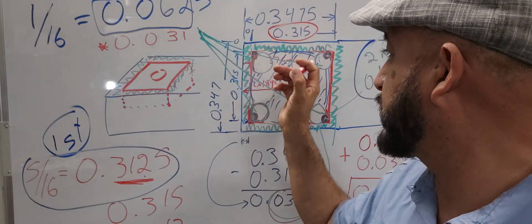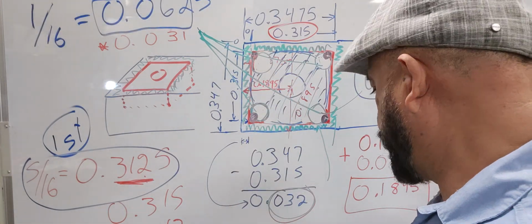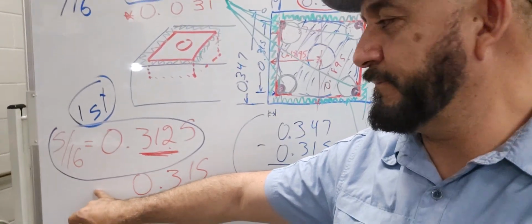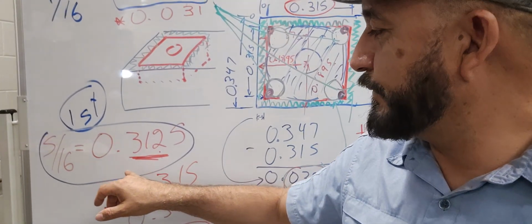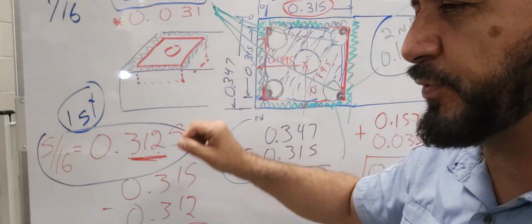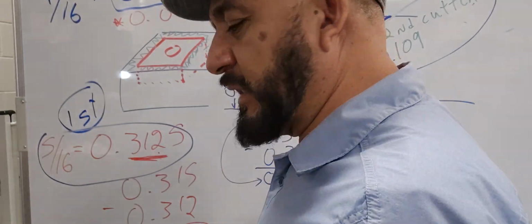Let's go ahead and take out the main part, the blue, with the first tool. Use the 5/16 right here, which is the 312 thousandths to get the most out of it. And how deep we're gonna go? So let's take a look at the washer and test it out.